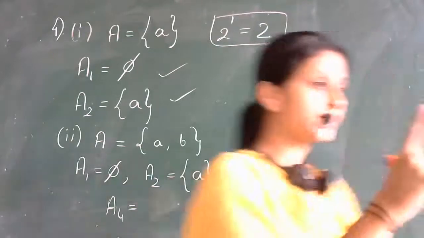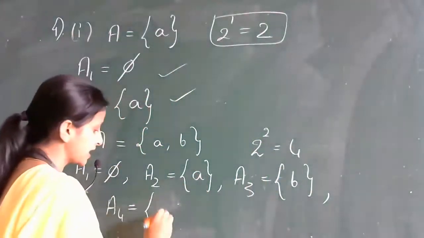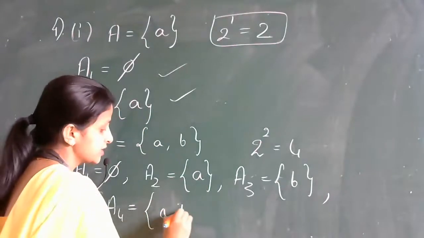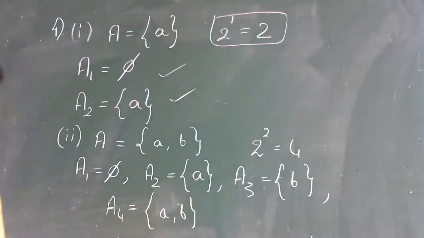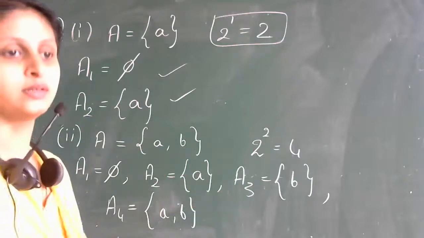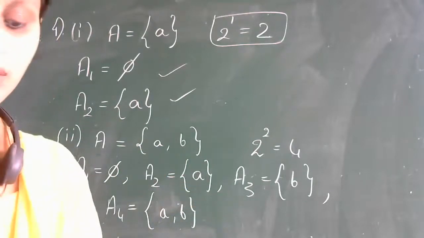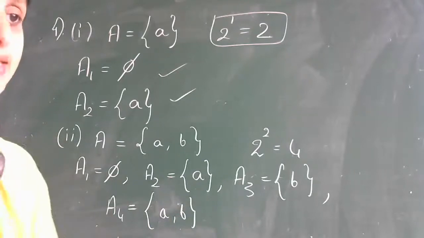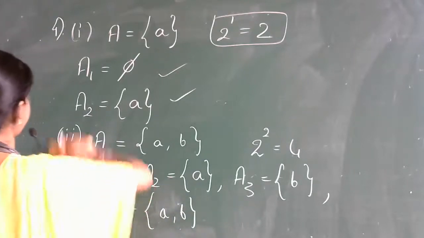Very good. Set containing A and B. You should not just say it as A and B. You should say set containing A and B. So these are my 4 subsets.